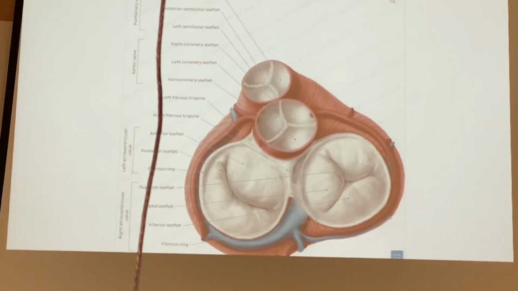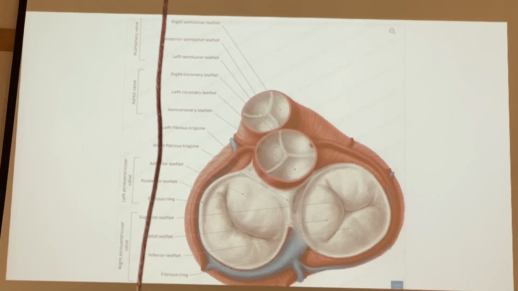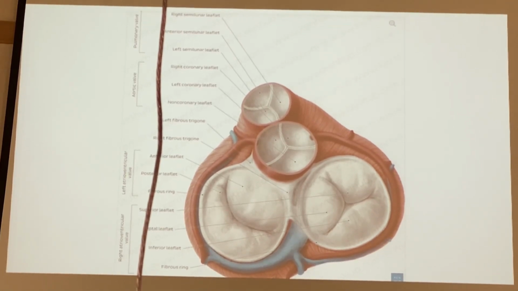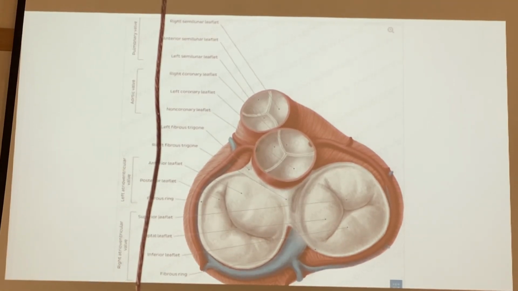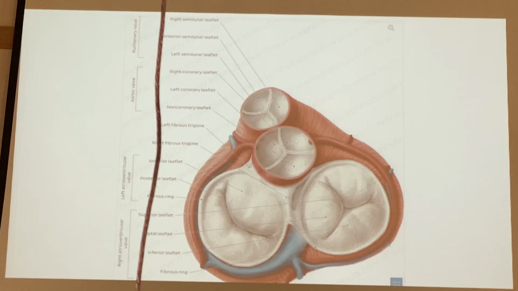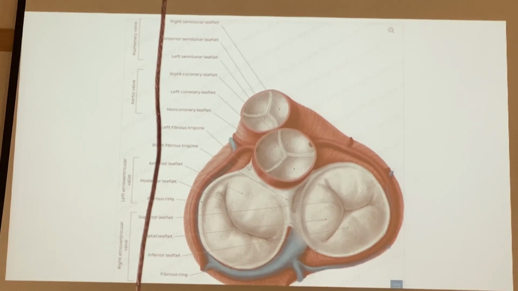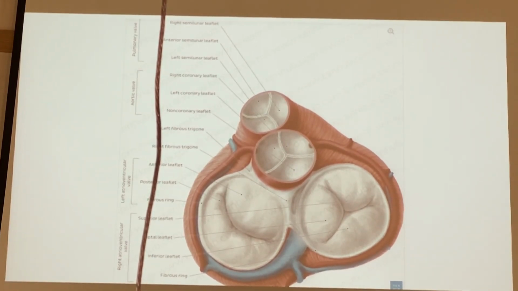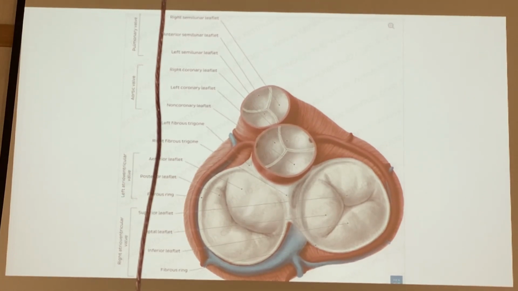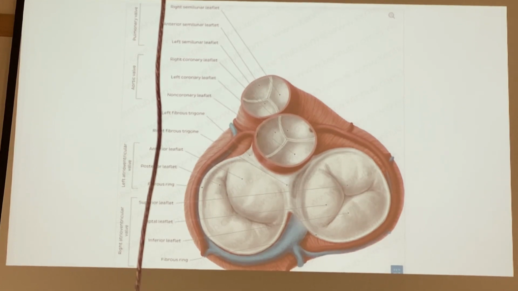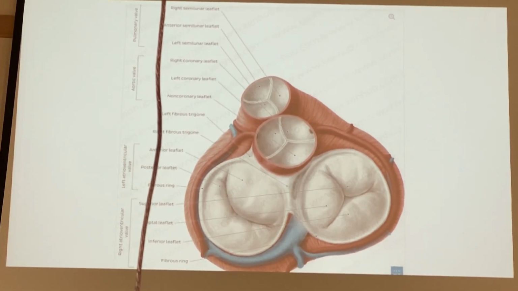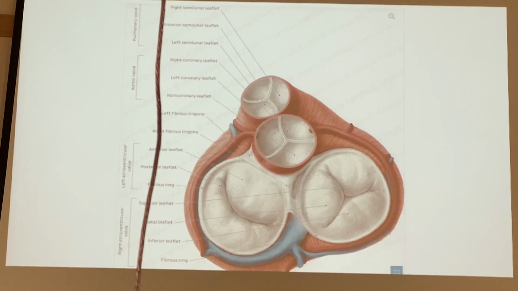So, cardiac skeleton. The cardiac skeleton we have said has 3 parts, right? Annuli fibrosi surrounding the openings in the heart, either great vessels or AV orifices, atrioventricular orifices. That is the annuli fibrosi.